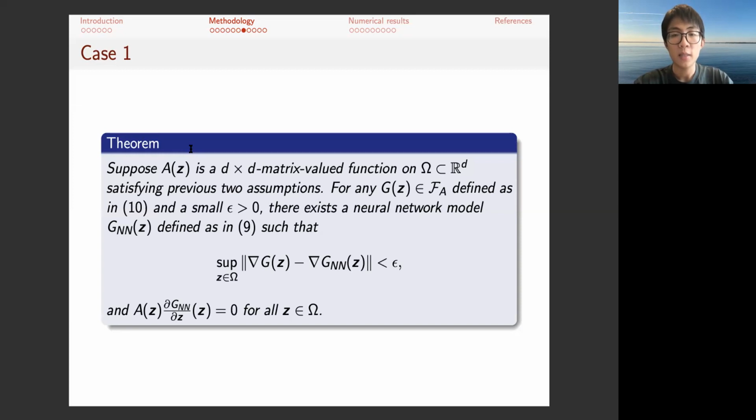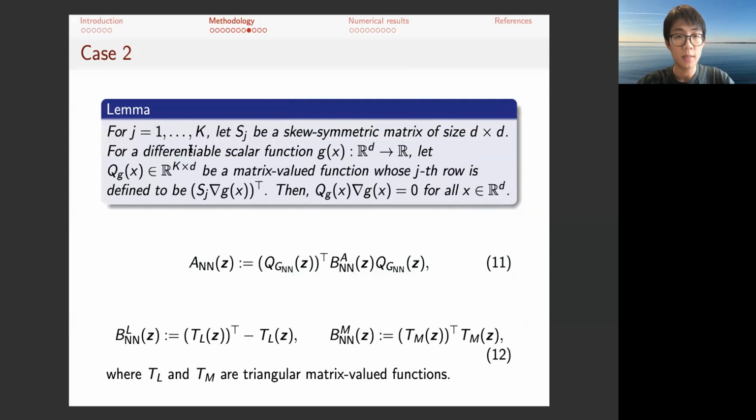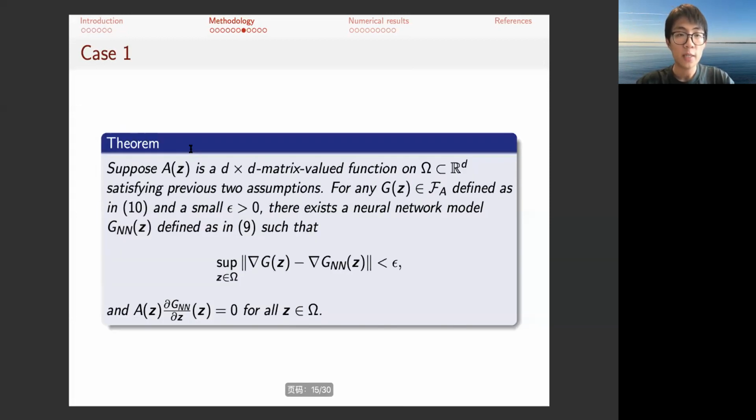Then there exists a neural network model G_NN such that the L infinity norm between the gradient of G and the gradient of G_NN is less than epsilon, and also the gradient of G_NN lies in the null space of A. And that is for case one.